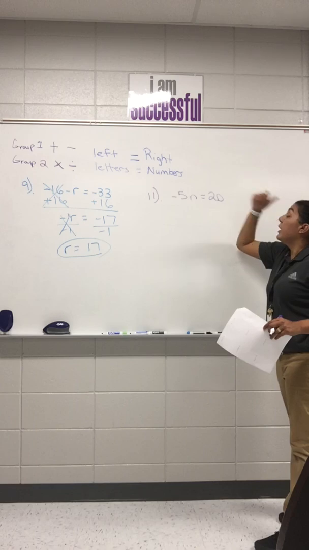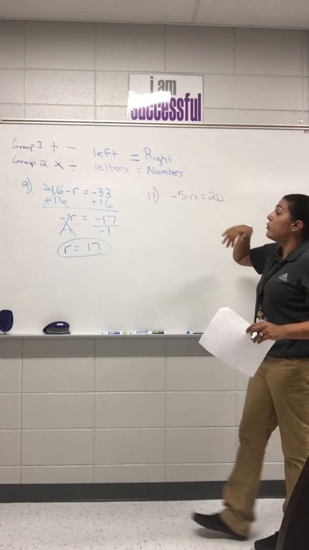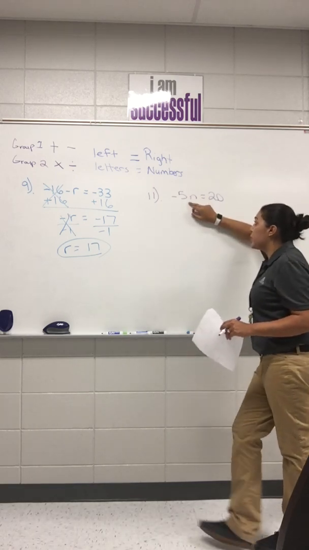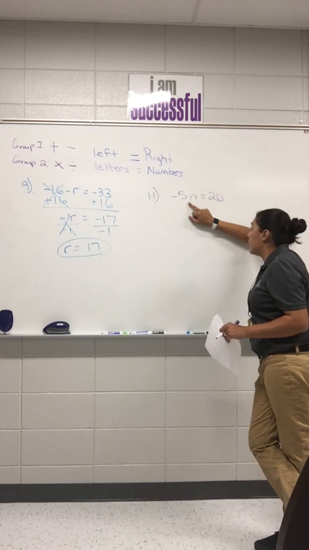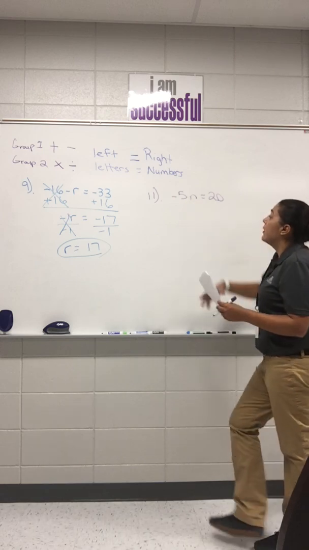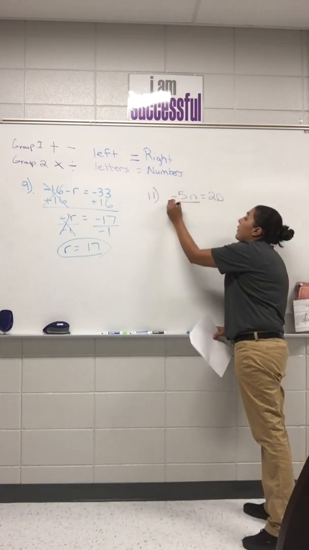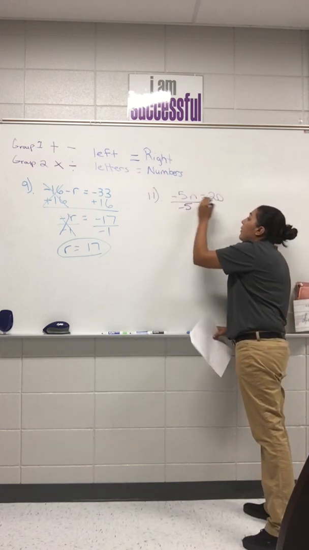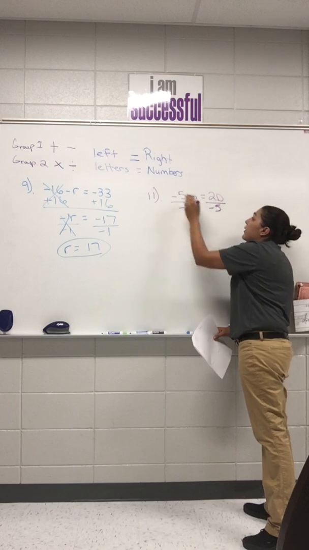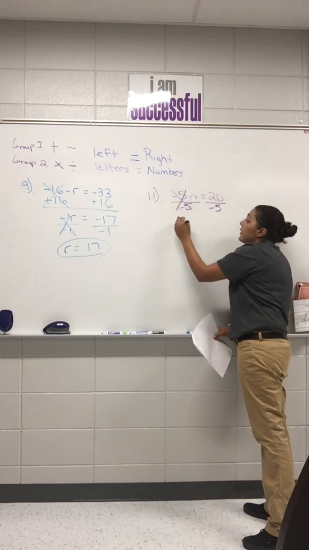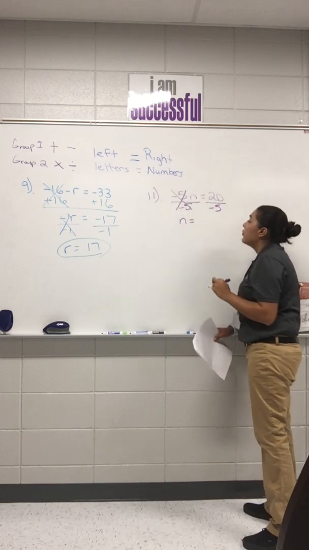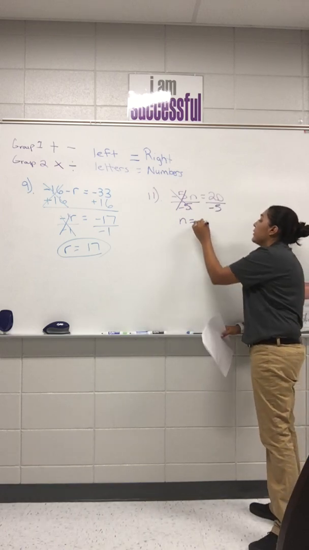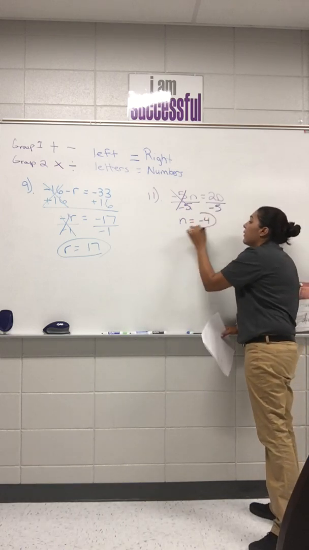So what's that mean if it's right next to it? It means multiply, so we got to do the opposite. So we're going to divide both sides by negative 5. Then these cancel, and you got n equals, and then 20 divided by negative 5 is going to be negative 4.